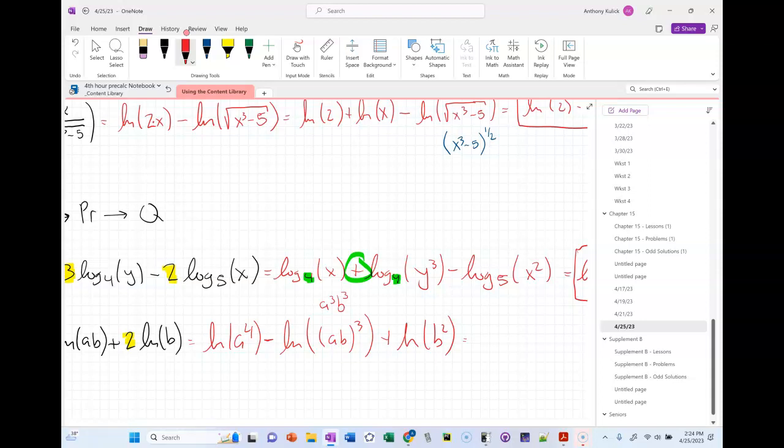Next thing I'm going to do is look for the product property. Are there any product properties happening here? Yes, right, I see the addition symbol. What 2 logarithms should I be combining with the product property? Because I have 3 logarithms written here. Matt? Yeah, sure.